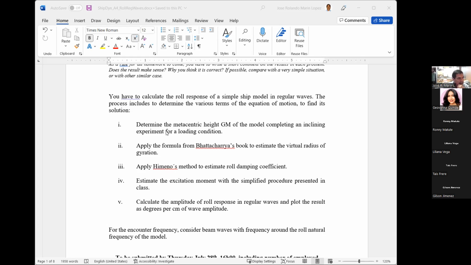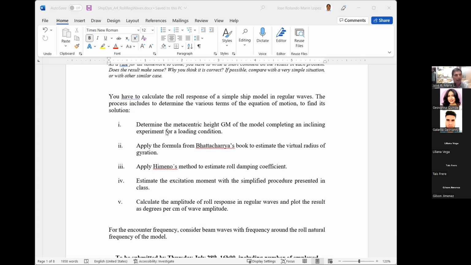Mr. Astudillo, do you remember how to determine a GM in an inclining experiment? It's a formula, I think it's WD divided by delta. Displacement by the angle recorded. Yeah. So it's WD divided by the displacement times the tangent of the angle. That's GM.